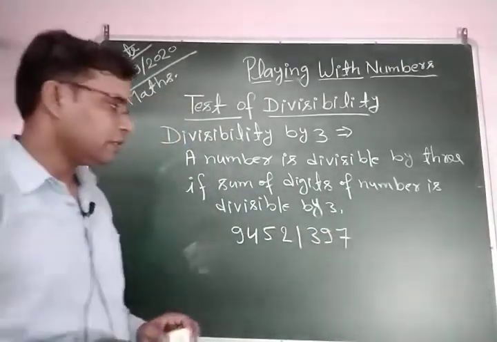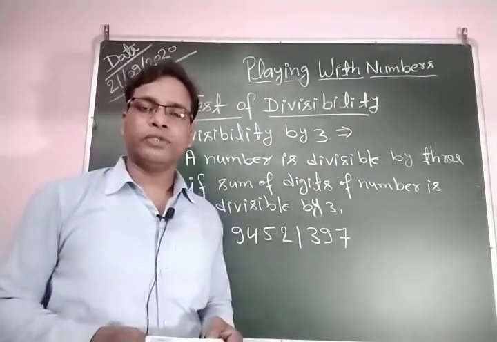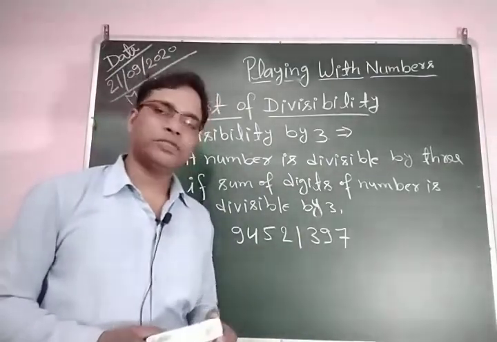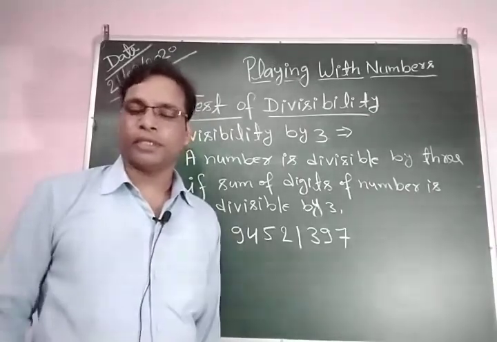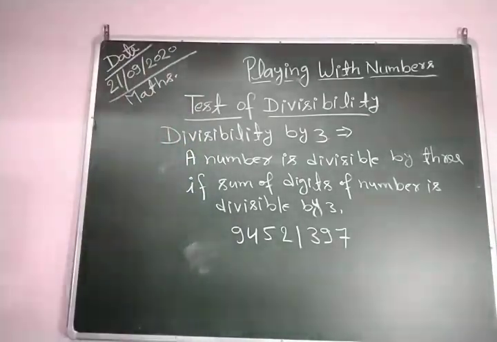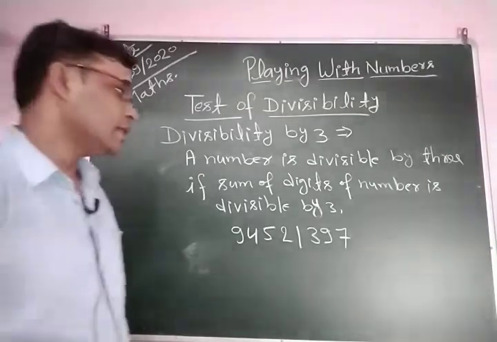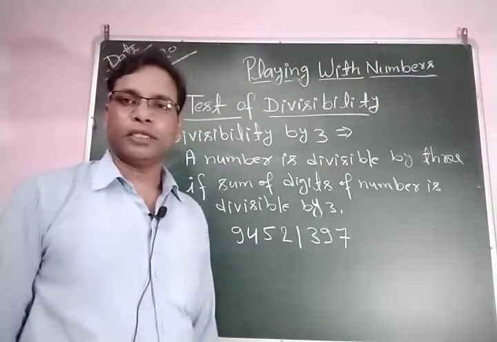How do we check? First we find the sum of the digits of this number. You can see this number is 9, 4, 5, 2, 1, 3, 9 and 7.